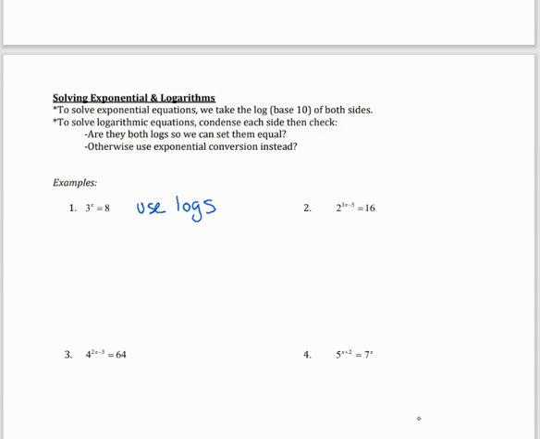So we're going to use logs, and I'm going to change that to log form. Converting to logarithms would mean we have log base, and I'm going to keep the variable where it is. So x equals the log base 3 of 8. Now I put that right into my calculator. Remember, we'll use that change of base formula.